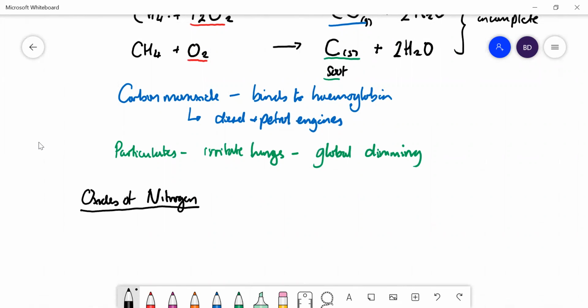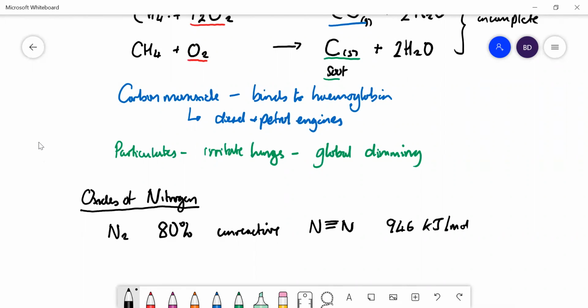Now, nitrogen, of course, is 80% of the atmosphere, and it's very unreactive because you've got a very strong triple bond there between the nitrogen atoms. That's about 946 kilojoules per mole, which is about 3 times stronger than most bonds. So the activation energy to break that is very high, so it tends not to react.